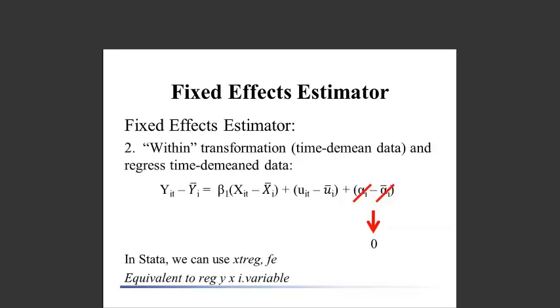Now, the important thing to note here is that the regression will not include any constant terms because the time mean of these factors will be the same as the actual values. So because alpha i is constant and therefore equal to alpha i bar, this nets out to 0. The least squares dummy variable estimator and the fixed effects estimator will give you the same coefficient estimates.